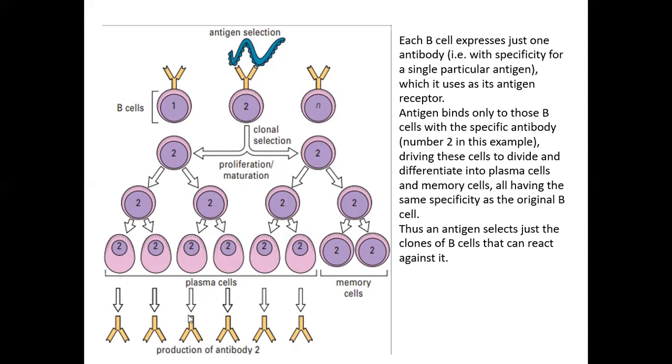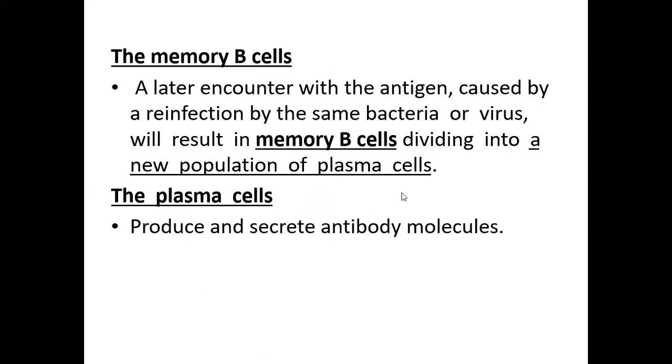The plasma cells make a clone, and plasma cells will produce antibodies, and also B cells will become the memory cell, which will take part in the secondary immune response.